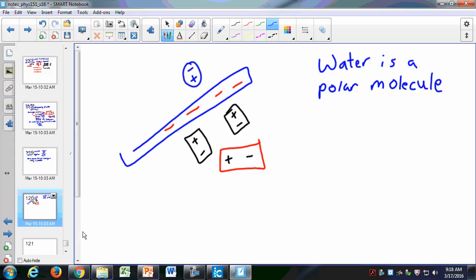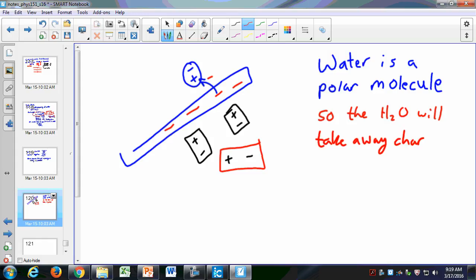Because of that, the water molecule is able to strip away charges. It feels attracted to these charges, and these little negative charges will jump over and stick to the water molecule. So the water will take away charges, so to speak. These static electricity experiments don't work very well.